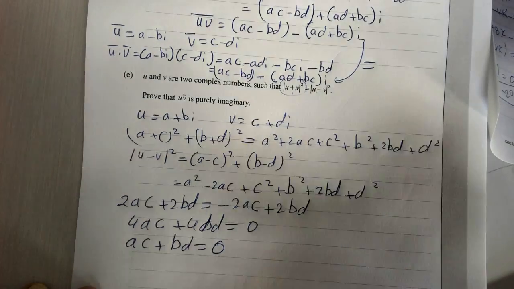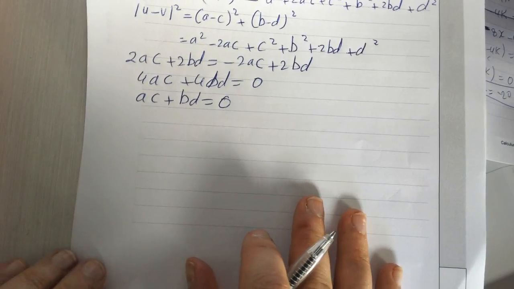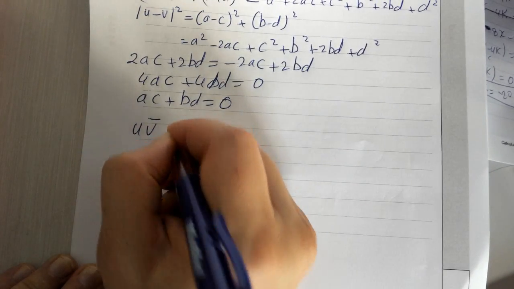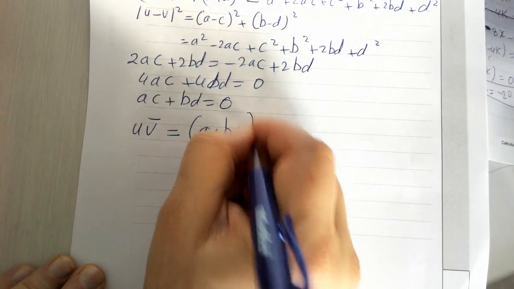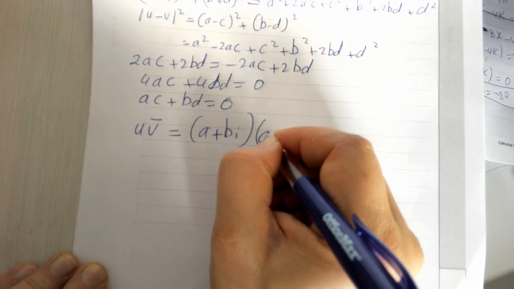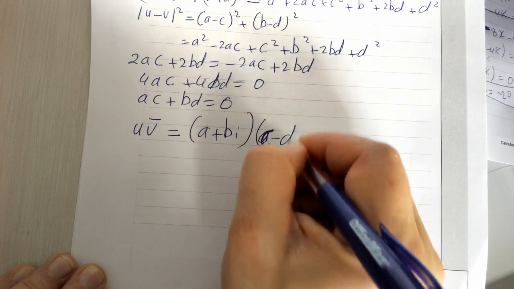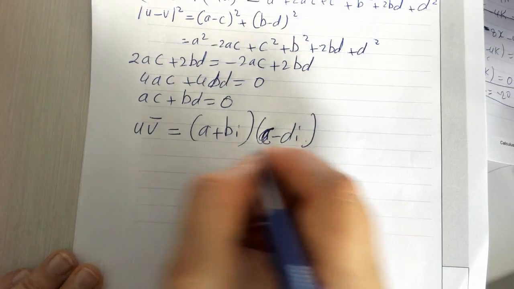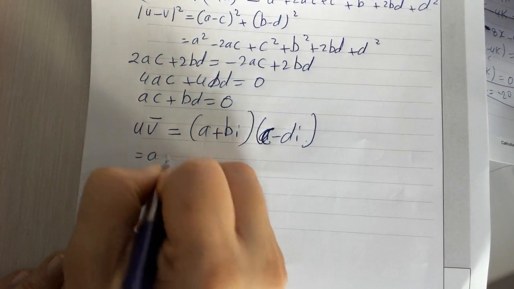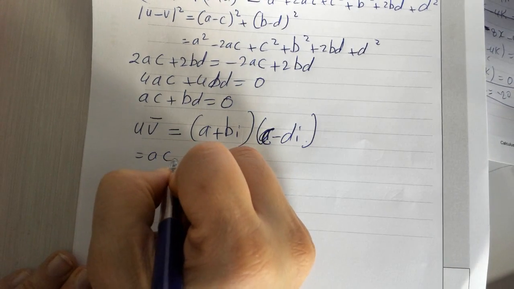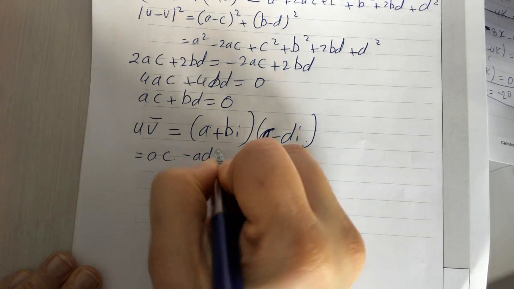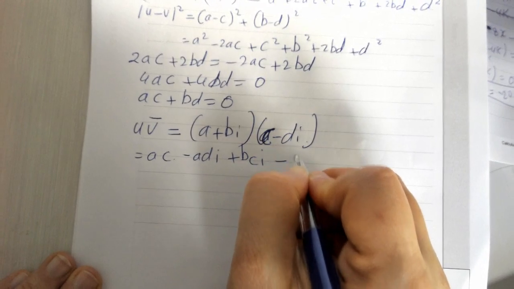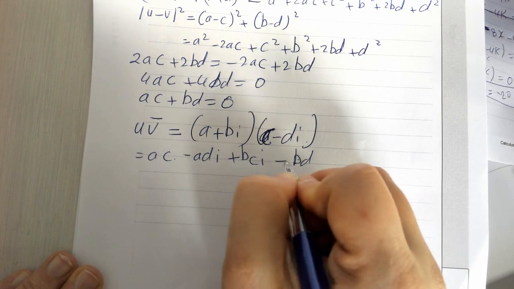Now I will come to the other part, which is u times v conjugate, and the conjugate of v is c minus di. Now if you expand this, you will end up with ac minus adi plus bci plus bd. I'm just expanding, not really doing anything else besides the expanding.